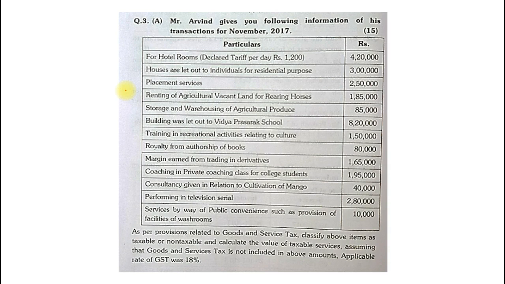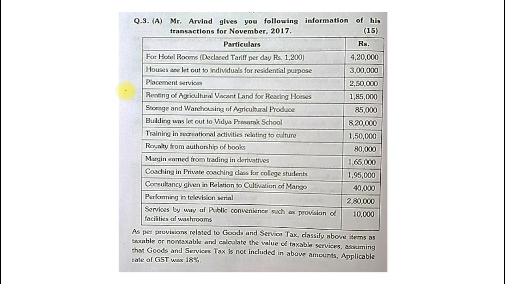If it is above 1,000, you have to pay tax. So anything which is government based, residential based, agricultural based, you don't have to pay tax on that. But other than that, if it is purely commercial, where you're giving some service, GST will be applicable.